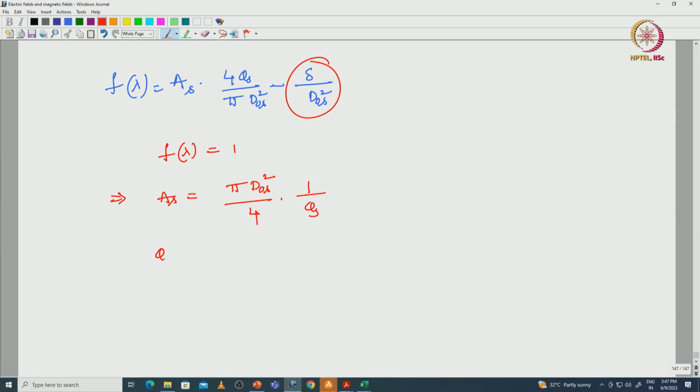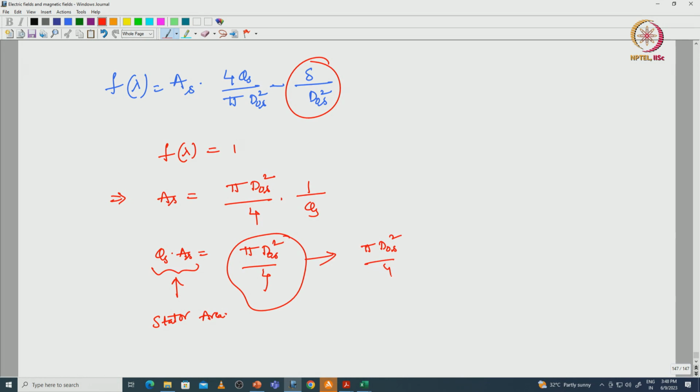If I bring QS to this side, QS into AS equals pi d naught S square by 4. Here QS into AS represents the total slot area. The total area is pi d naught S square by 4, the actual area.